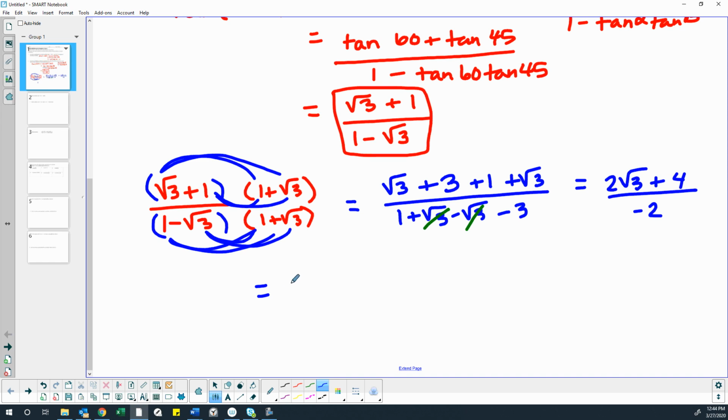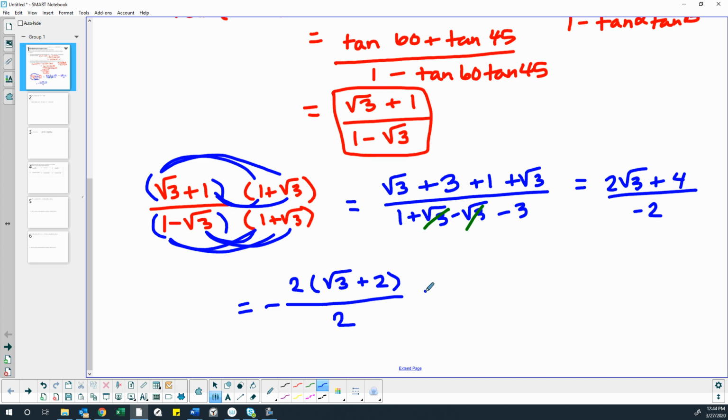I'm going to go ahead and factor, just so you kind of see exactly what I'm doing. Square root of 3 plus 2. I just factored a 2 out of the numerator. And I have this negative 2 in the denominator. I'm just going to move the negative out front instead. If that's okay with you. Move my equal sign a little bit.